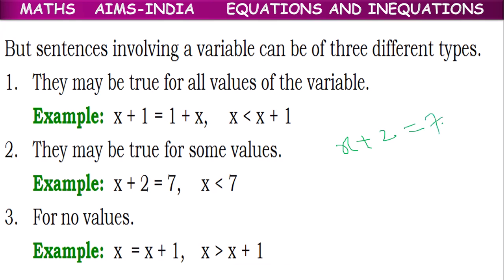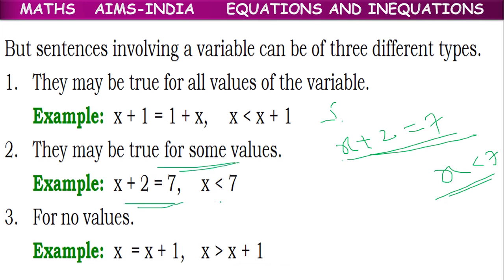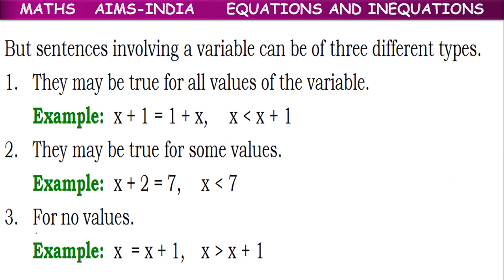This will be true when x is 5, which is less than 7. Means only for some values like 5, only for this value it is true. So like that we can have sentences which are true for only some values, and which are true for no values.